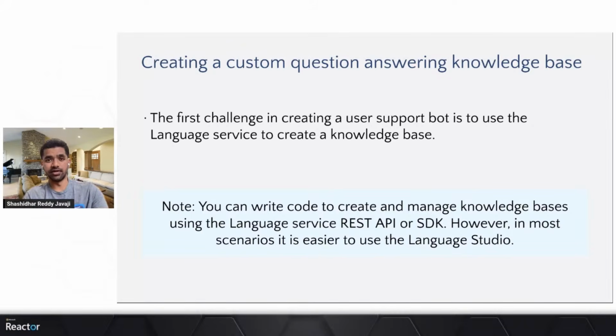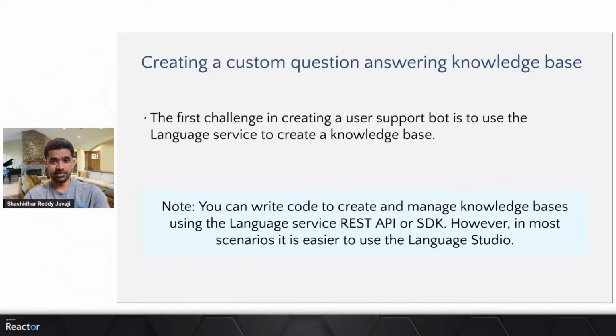This knowledge base is exactly as I've told before, where you have a question and an answer, or a question and multiple answers. At times you can even have a question, an answer for that question, and then a prompt for that answer.